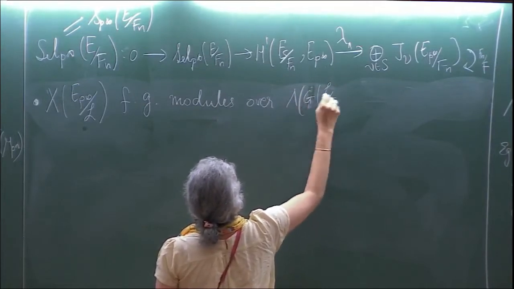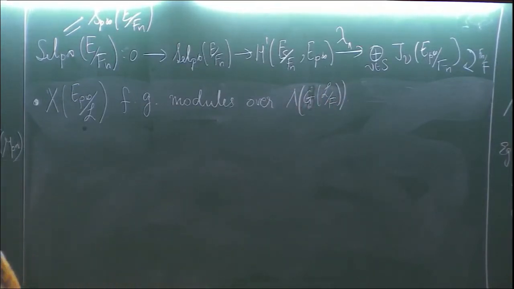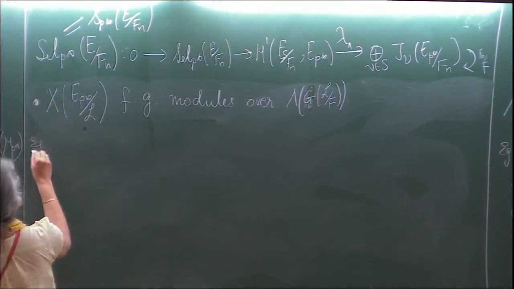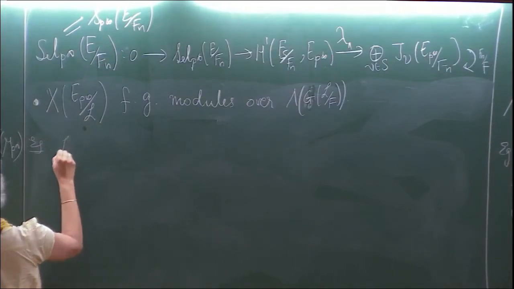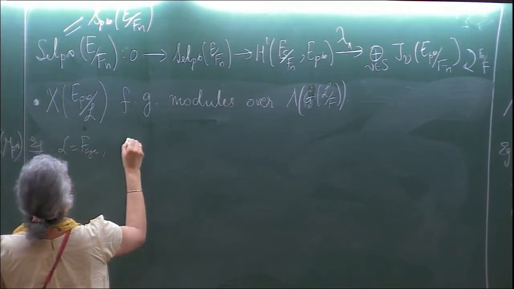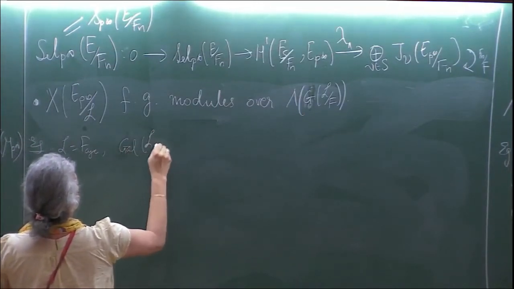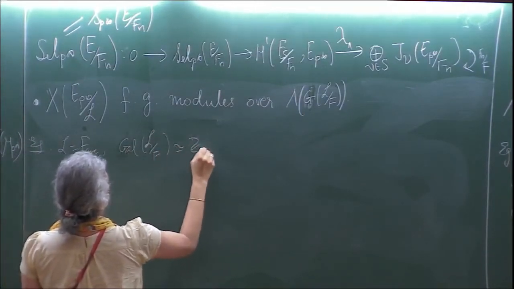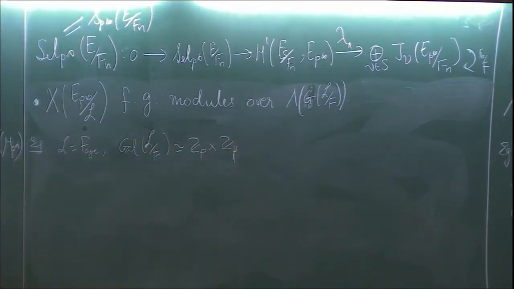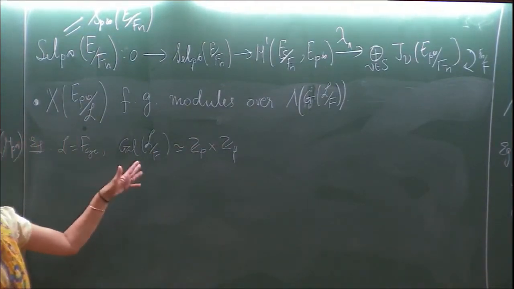Galois group of L over F. So you have finitely generated modules, but in fact more. When this is abelian, so for instance, when L is F cyclotomic, or when the Galois group of L over F is isomorphic to two copies of Z_p, which typically arises in the CM curve context. When you take an elliptic curve with CM and then take its trivializing extension, then these are abelian, regular local rings.